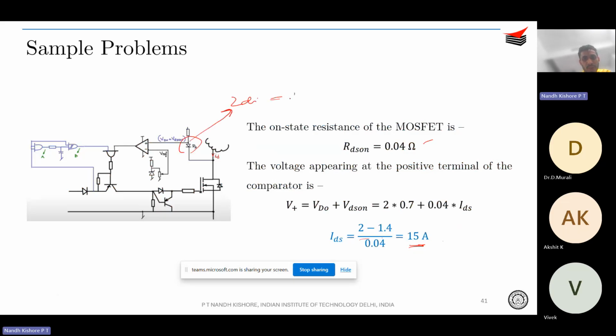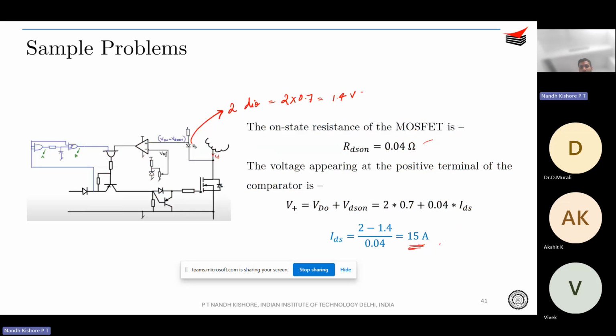So two diodes, that is 2 into 0.7. Then in that case, again you solve the inequality.